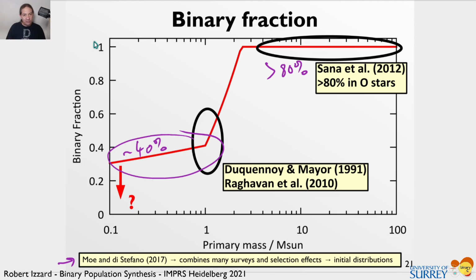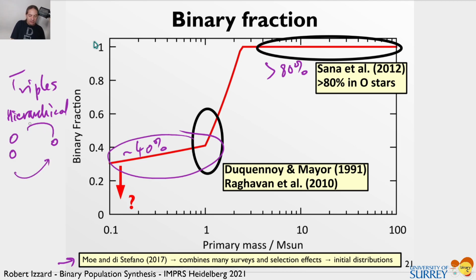If you're worried about triple stars, don't worry too much. Make a few notes here for you. Triples tend to be what are called hierarchical. That means a triple is actually a binary and another star going around each other. So it's like a binary-binary. The reason for this is that if the system is not hierarchical, they tend to have chaotic orbits and fly apart.